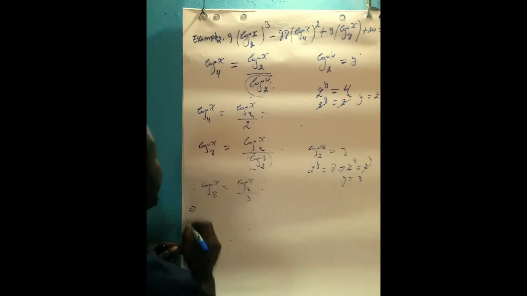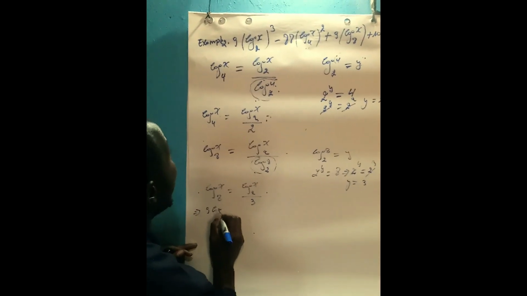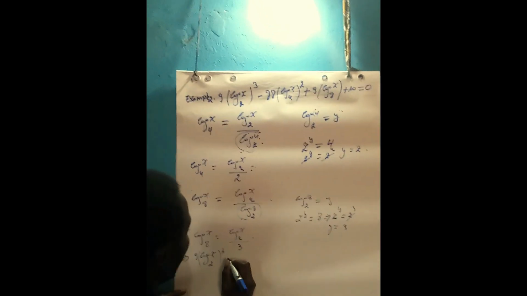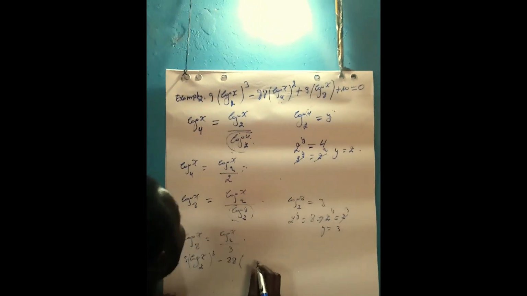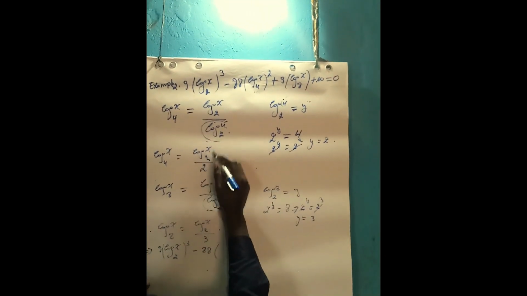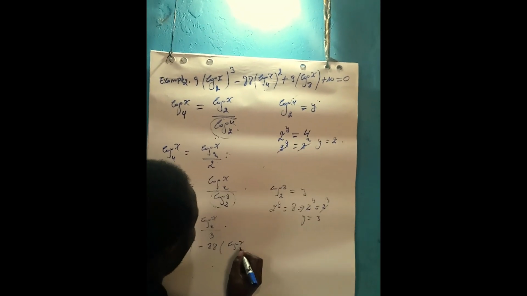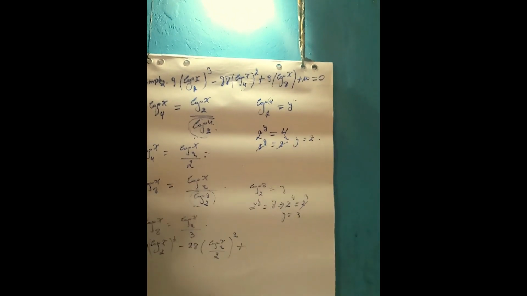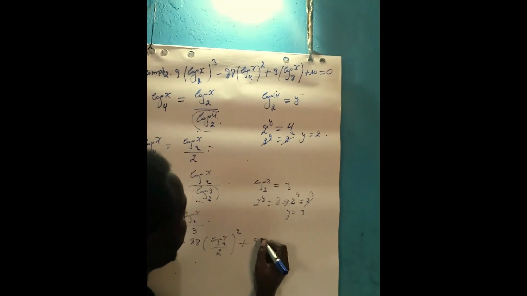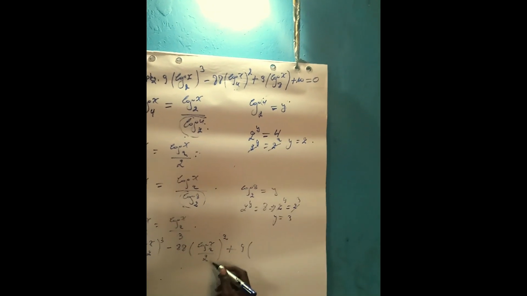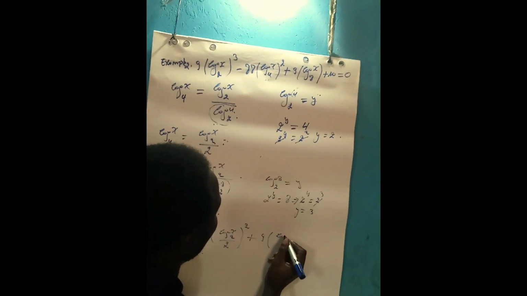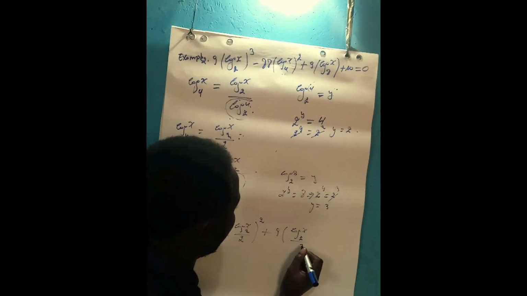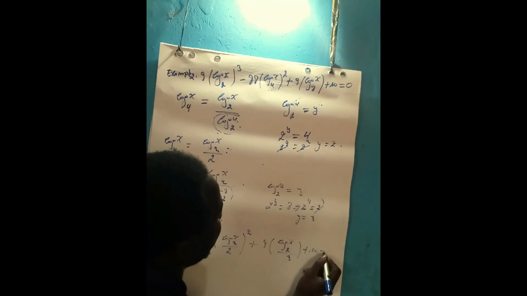So we have 9 times logarithm of x base 2 power 3, then minus 88 times logarithm of x base 4, which is equal to logarithm of x base 2 over 2, then it is power 2, plus 9 times logarithm of x base 8, which is equal to logarithm of x base 2 over 3, then plus 10 equal 0.